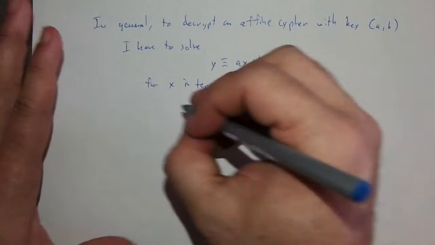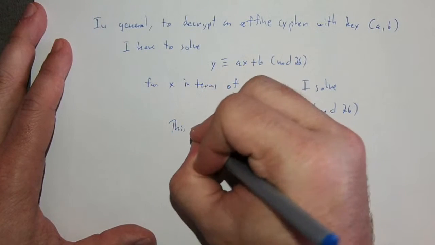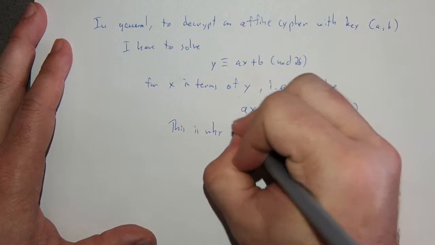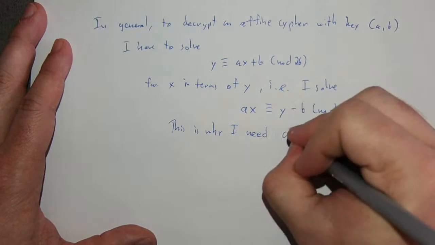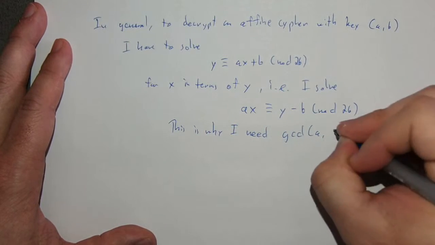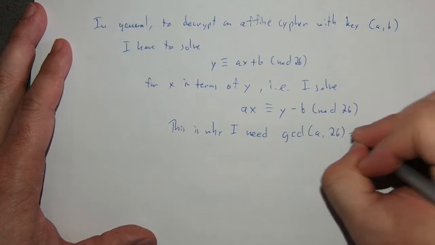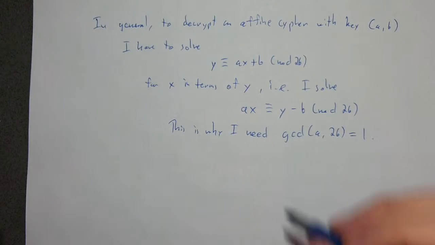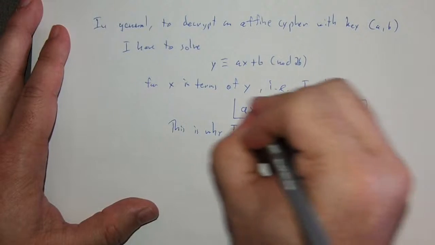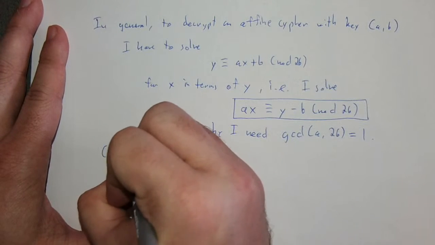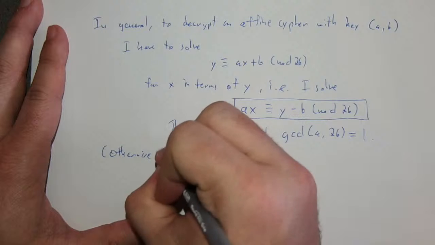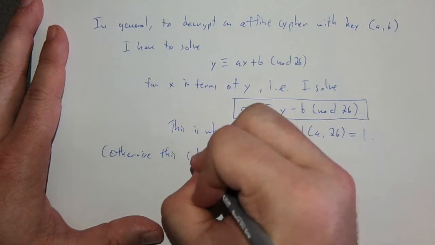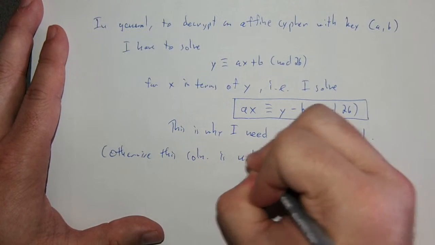Okay, this is why I need the GCD of a and 26 to be 1. Because otherwise, this solution is not unique.